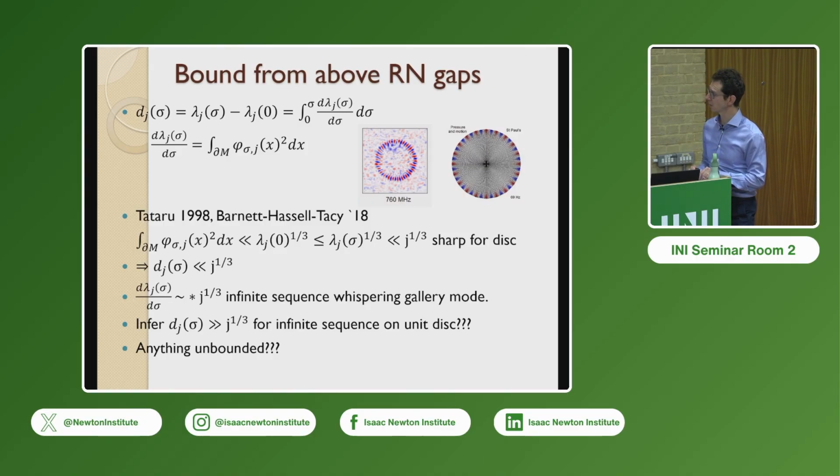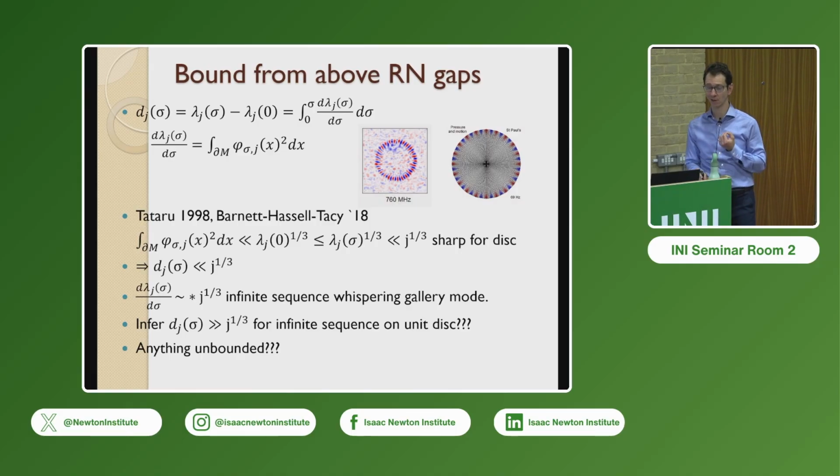And there is a result that in general there is an upper bound for the L2 mass at the boundary of J to the 1/3. This bound is saturated for the disk, by the so-called whispering gallery modes, which are these two pictures here.